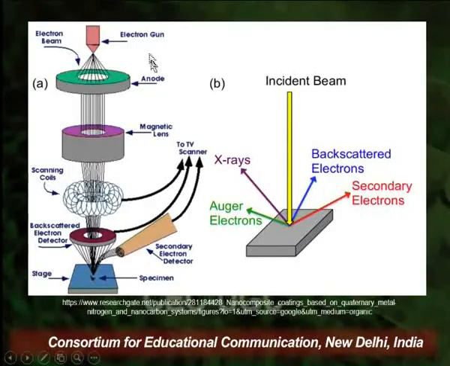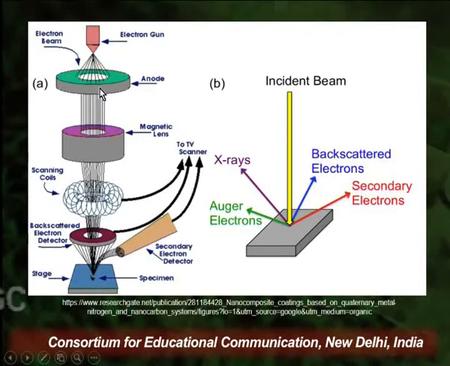So this is the basic diagram which explains the entire functioning of scanning electron microscope. The electron beams are emitted from the electron gun because of the voltage difference between the cathode and the anode ring. So the higher the voltage difference, the higher will be the intensity of electron beams.